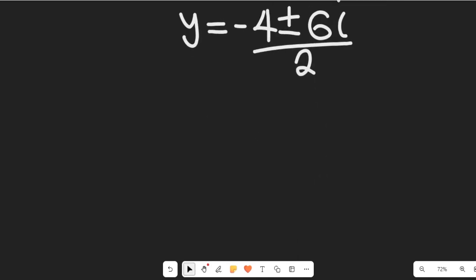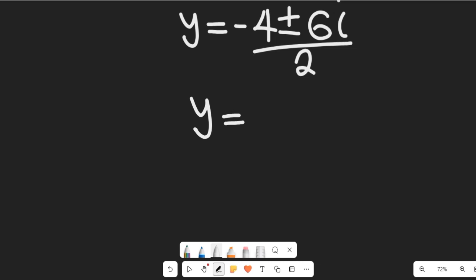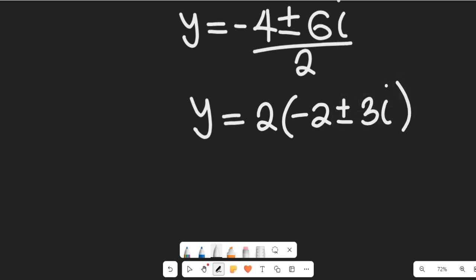So the value of our y will be equal to, having a common term, we'll bring out 2. If we bring out 2, we get negative 2 plus or minus 3j, and all of this will be divided by 2.